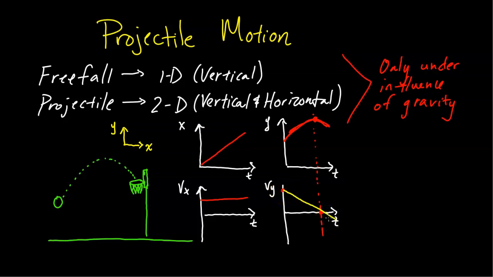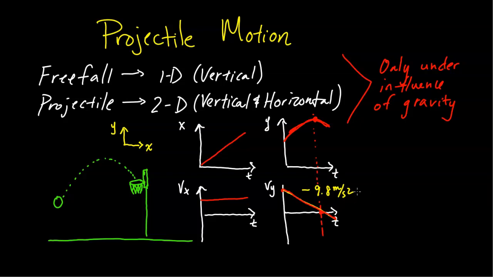Now, if we figure out the slope of this, that would tell us the acceleration. And the acceleration that we get for this is negative 9.8 meters per second squared.